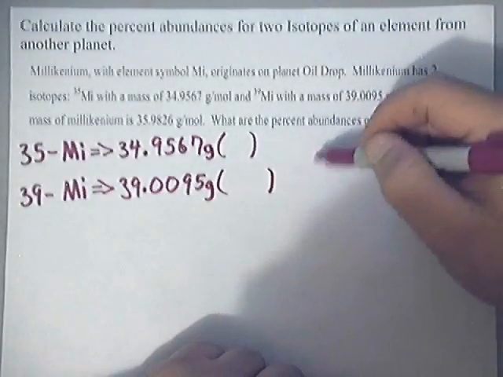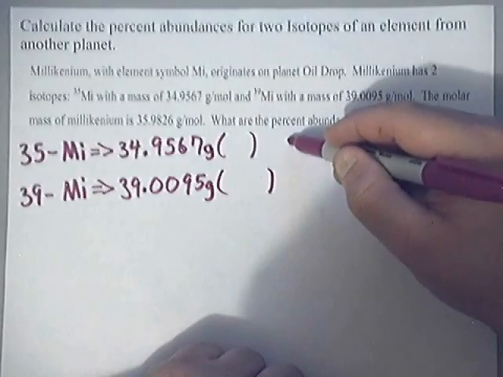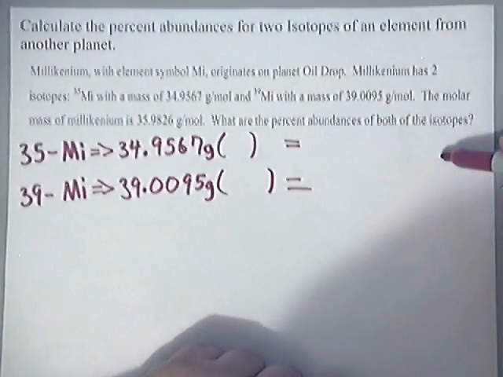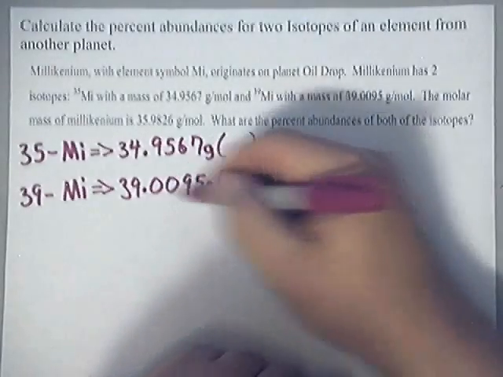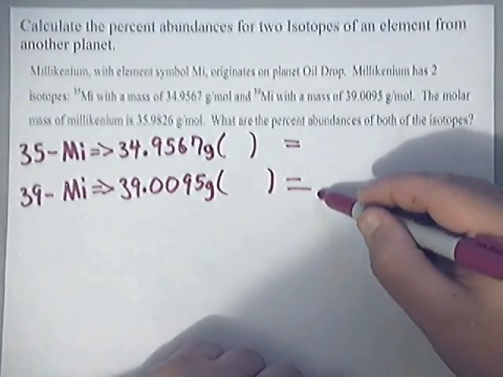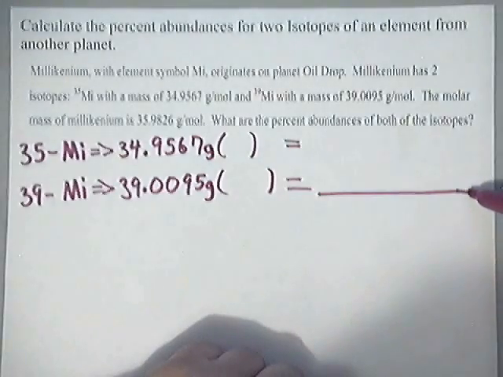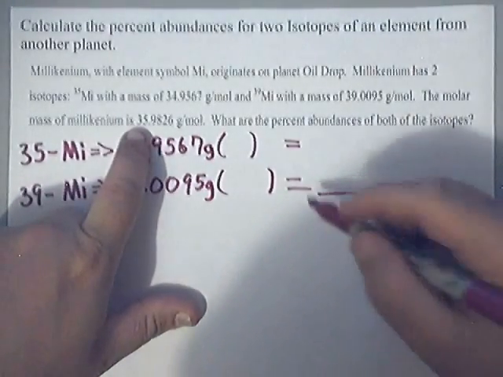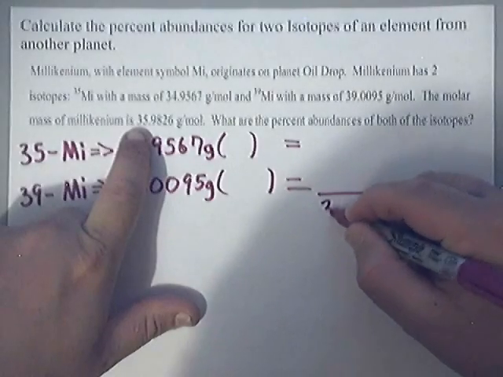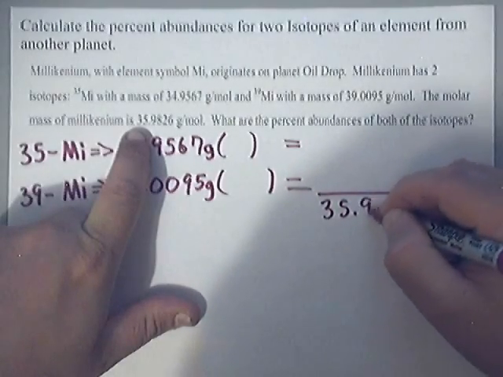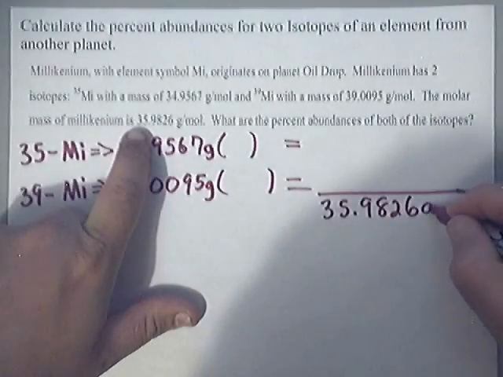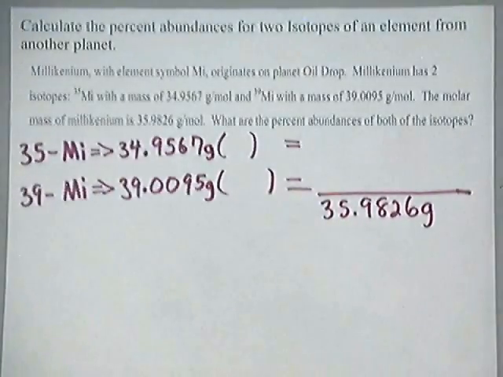Somehow we're supposed to multiply them, get an answer up here, multiply this unknown percentage by this number, get another answer, and somehow miraculously add these two numbers together and finally get this number, 35.9826 grams.